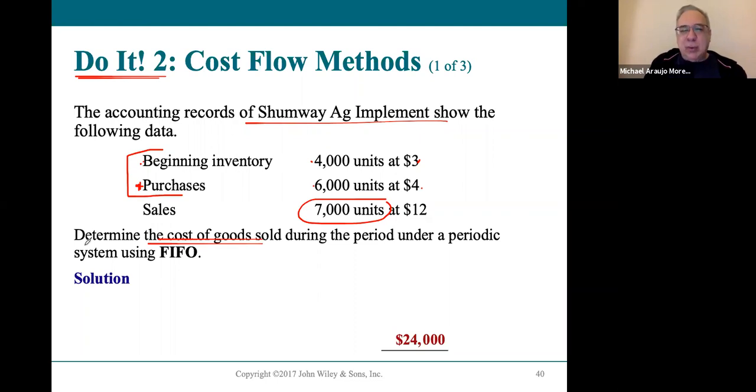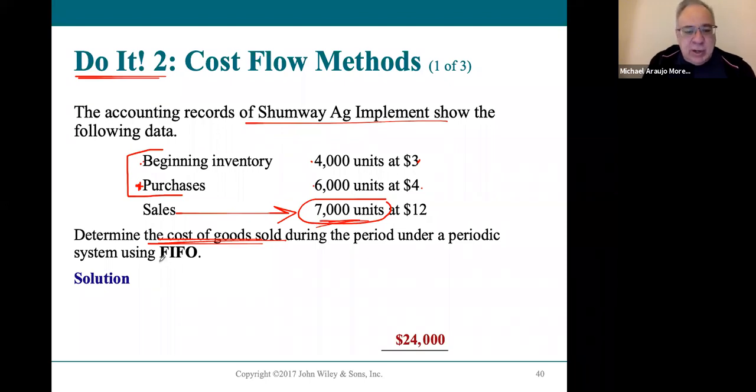That's the real tricky part. Here they want the cost of goods sold. They don't want to know about the 3,000 units still in inventory. They want to know about the 7,000 units you sold, so the focus is on that.